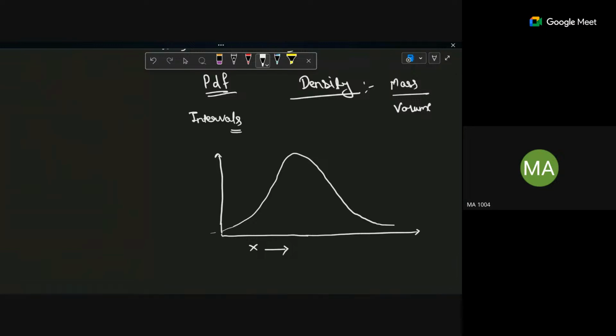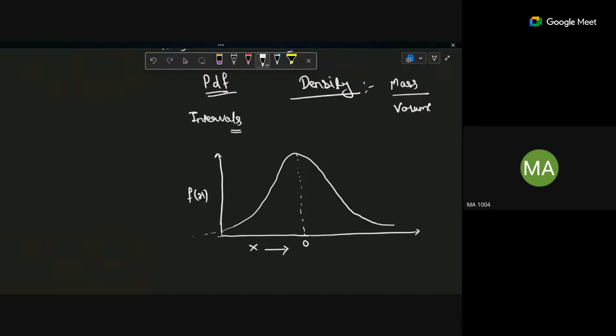And so on here also. This is not the limit only. Let's say this is the peak and this value is 0 only. And this one is f of x, the PDF.